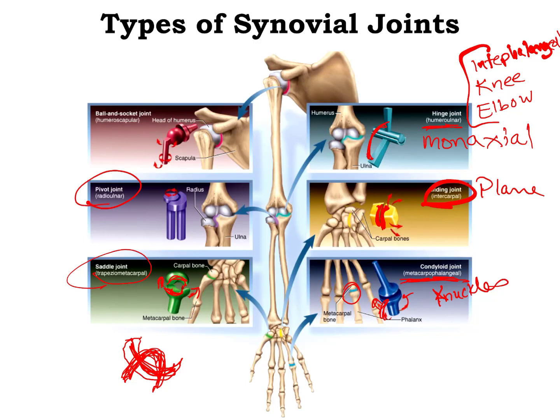The pivot joint is found at the radius and the ulna, so radio-ulnar, and the atlanto-axial, so between the atlas and the axis.